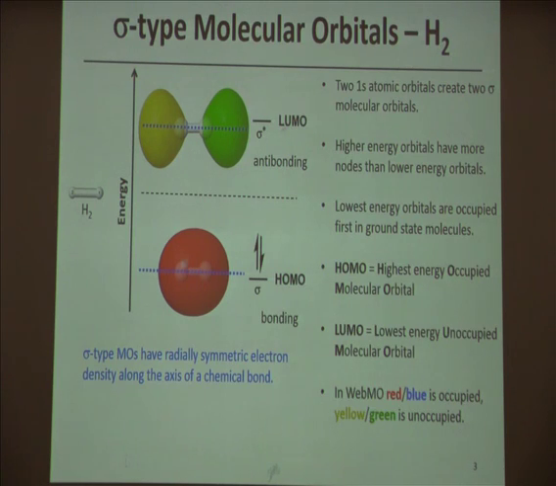The most important thing to take away from this slide is the symmetry of sigma-type orbitals. This is something that often causes people confusion when they're looking at orbitals in a molecular orbital output or a natural bond orbital output from a WebMO-based calculation. These sigma-type molecular orbitals all have their electron density around this axis, which I highlighted in blue here, and it is radially symmetric around that axis.